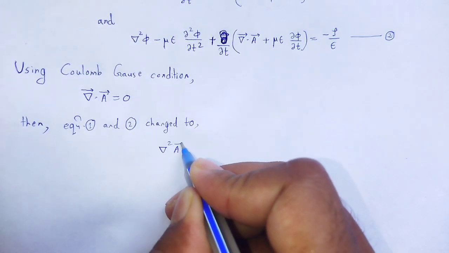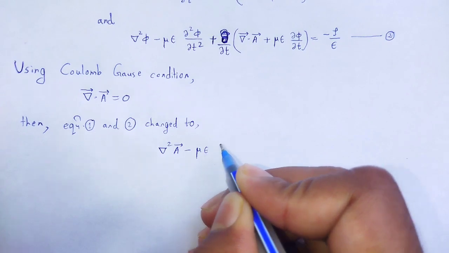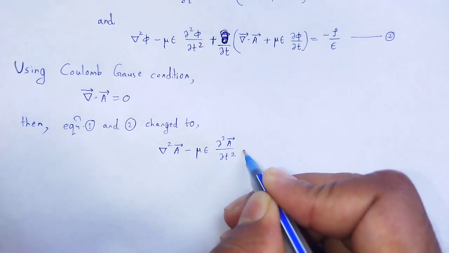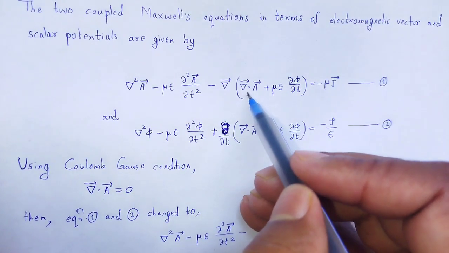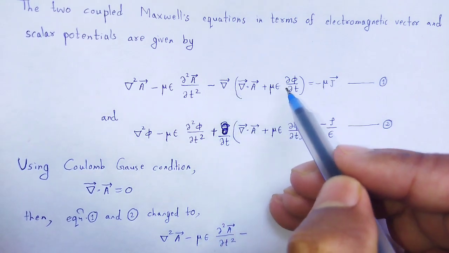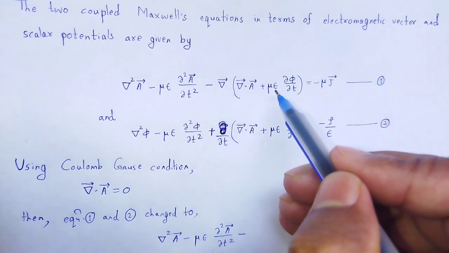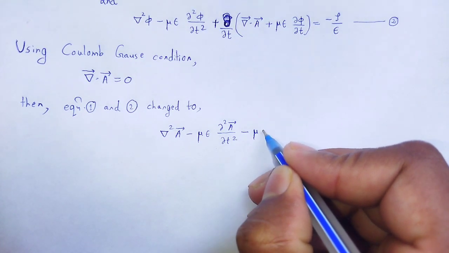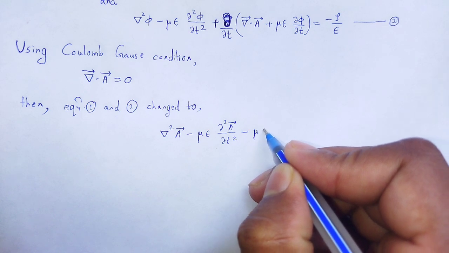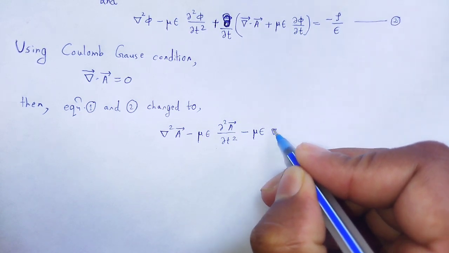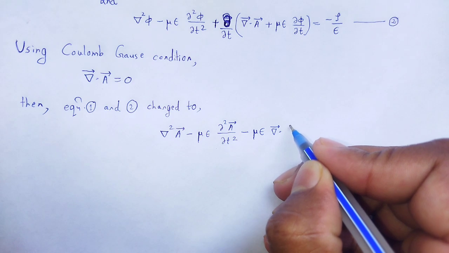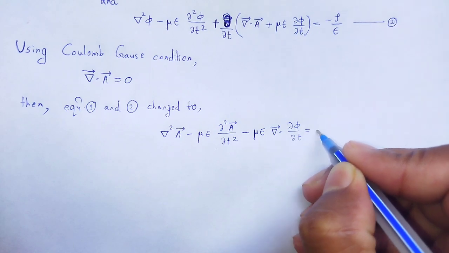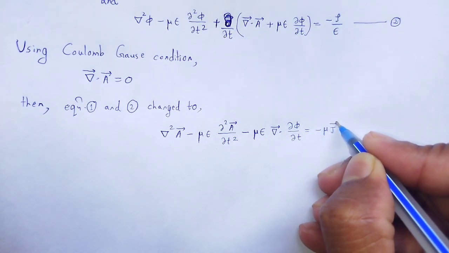Grad square A vector minus mu epsilon del square A by del t square minus grad of grad dot A, which is 0, so that grad is multiplied to this one, therefore it will be mu epsilon grad del phi by del t is equal to minus mu j vector.